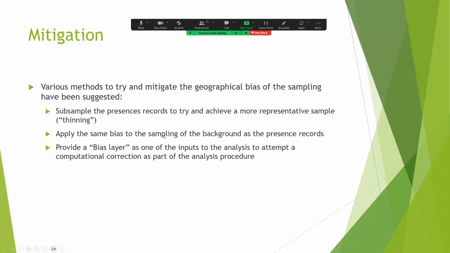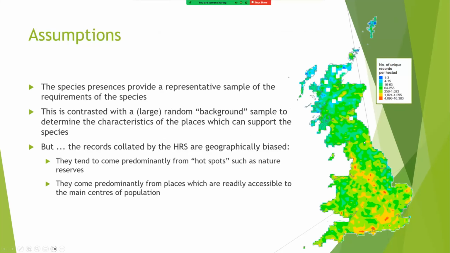The third way you could possibly do it is to provide a so-called bias layer as one of the inputs to the analysis and attempt that correction computationally. You'd actually use some sort of another raster layer like that to say, this is how the data's biased.